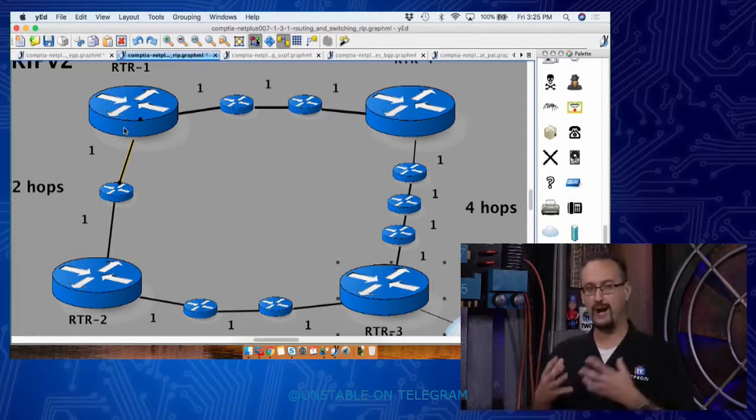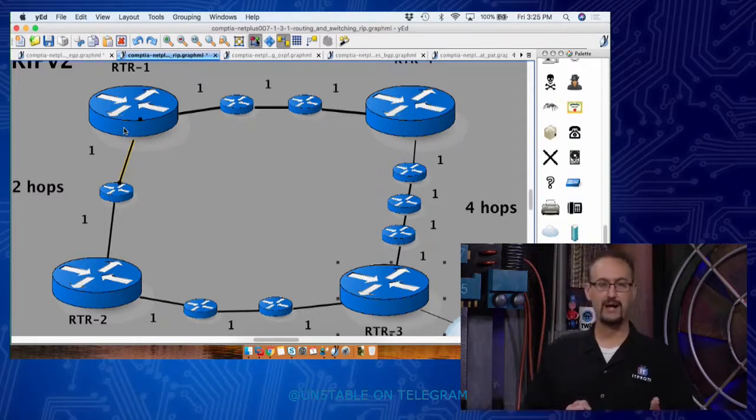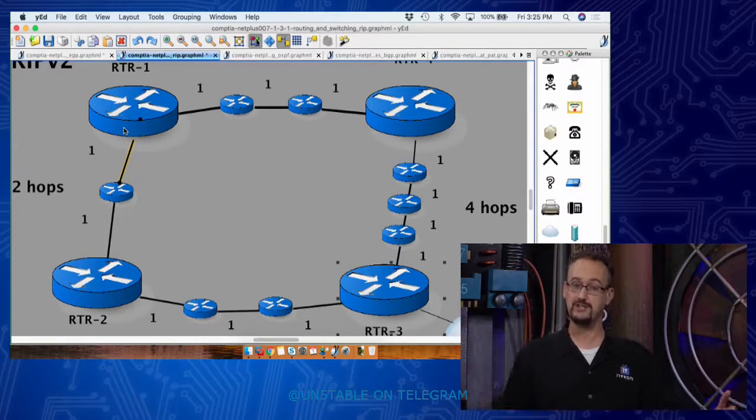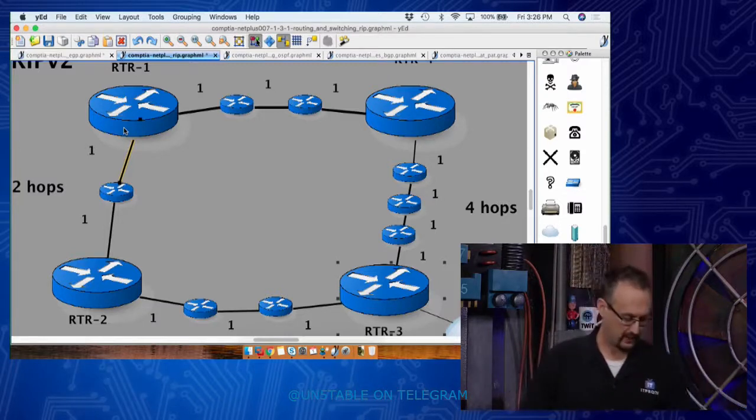You want to be made aware of a topology change immediately. So again, one of the drawbacks: I'm going to be giving Zach information, Zach's going to be giving me information, even if the routing topology doesn't change, but because we're only talking to the neighbors, when something does change, it could take a while for that change to propagate across the entire network, which also leads to layer 3 loops, right? Routing loops happen when we have bad information.